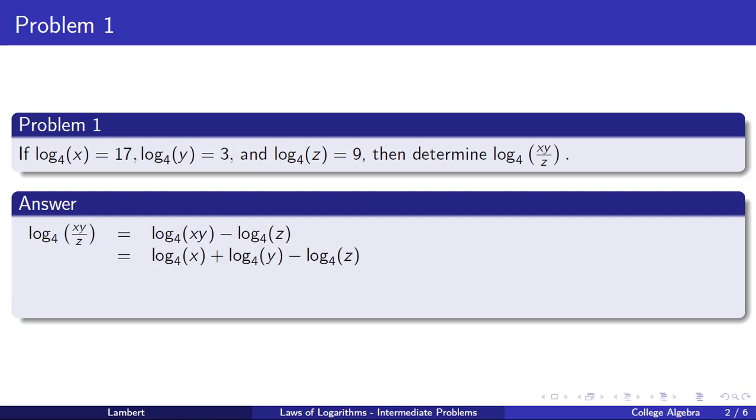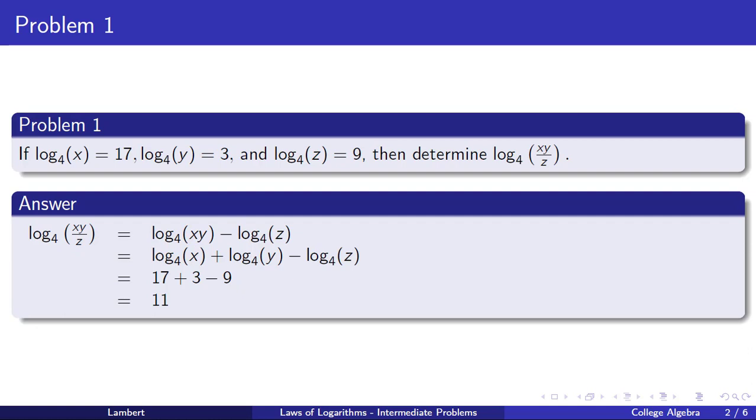Now it just becomes a plug and chug problem. Log base 4 of x is 17, log base 4 of y is 3, and log base 4 of z is 9. So we have 17 plus 3 minus 9, which equals 11, and we didn't even have to touch a calculator. We didn't have to actually compute x, y, or z. Just showing you how beautiful these laws of logarithms can be.